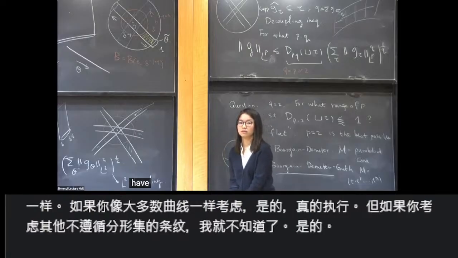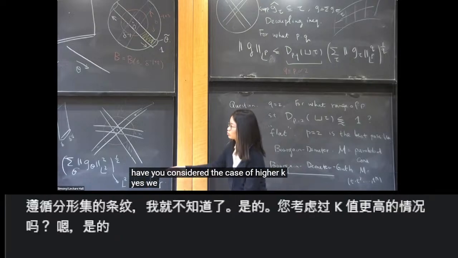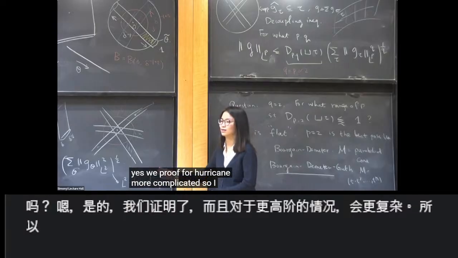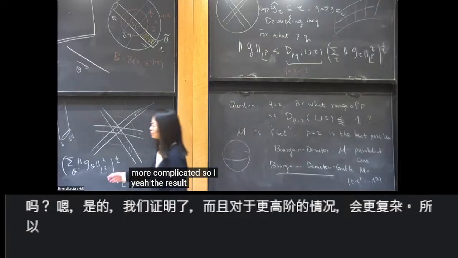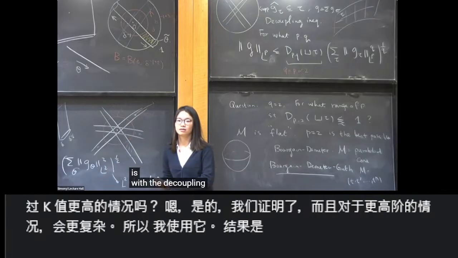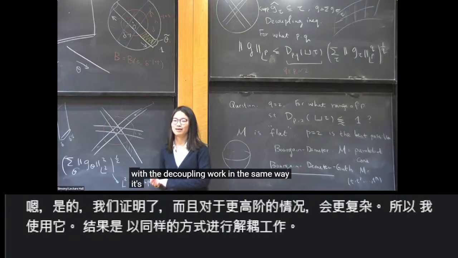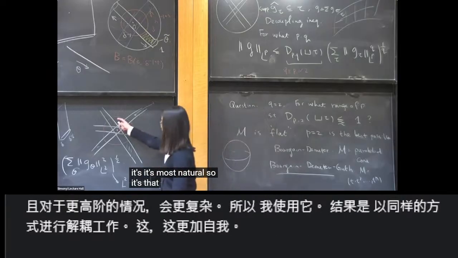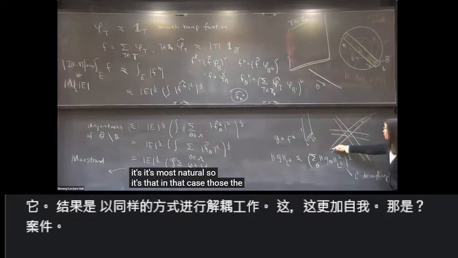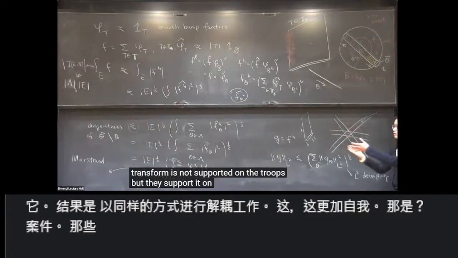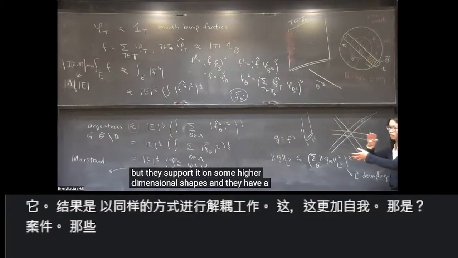Have you considered the case of higher K? Yes, we proved it for higher K, and for higher K it's more complicated. The result is for all K. Would the decoupling work in the same way? It's more subtle. In that case, the Fourier transform is not supported on the tubes, but on some high dimensional shapes, and they have a lot of overlap.